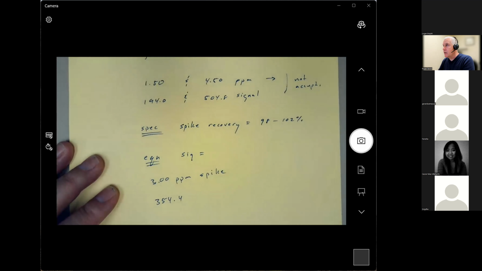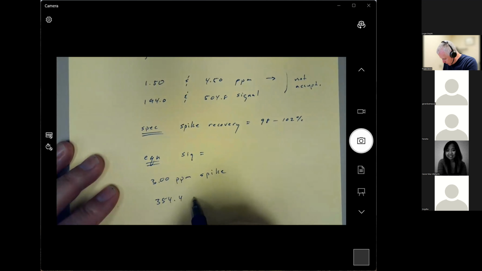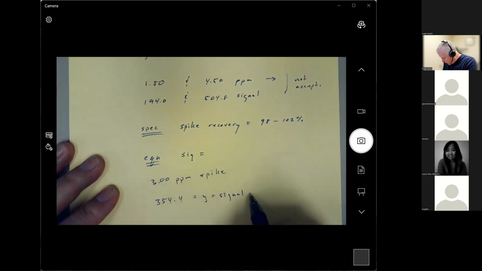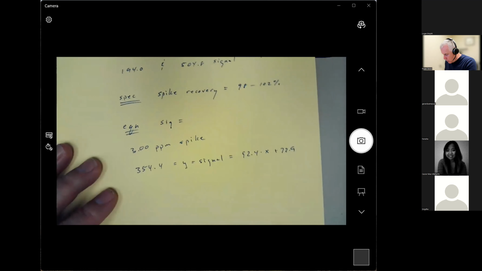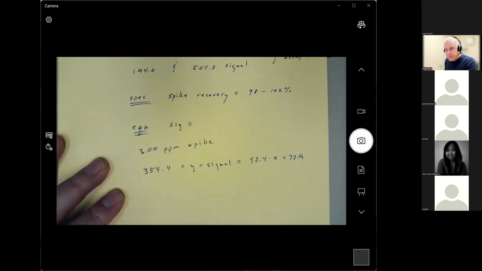And what we need to assess this is the equation, right? And the equation is y, this is y, the signal, and the signal is equal to 92.4 times x plus 72.9, right? That's the linear equation for this guy.